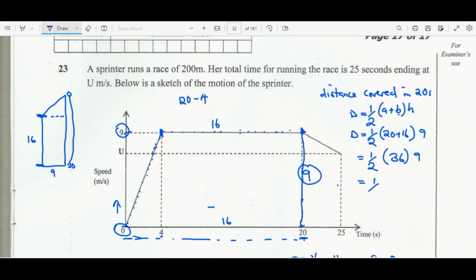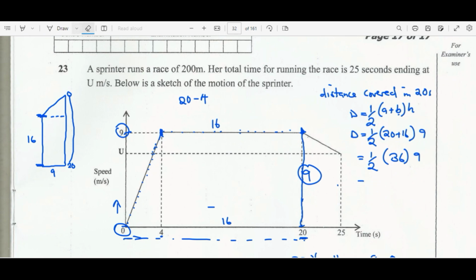So 1 over 2, and then we have 324. So now 324, again we can say 2 into 2, it is 1, and then 2 into 324, it will give us 162.